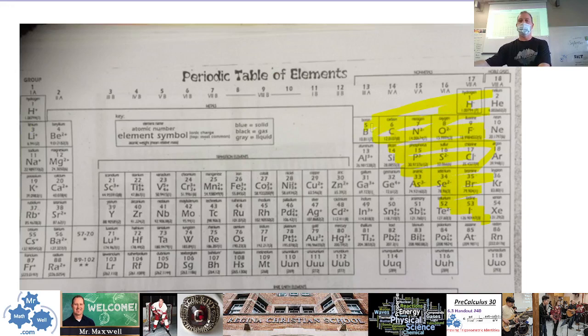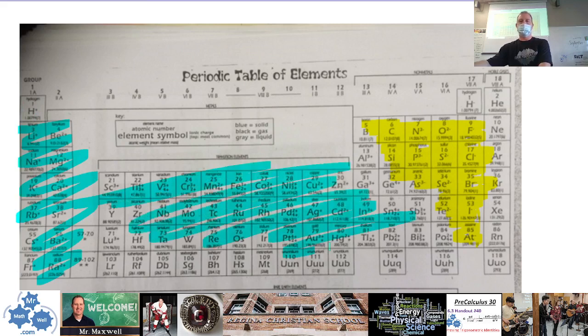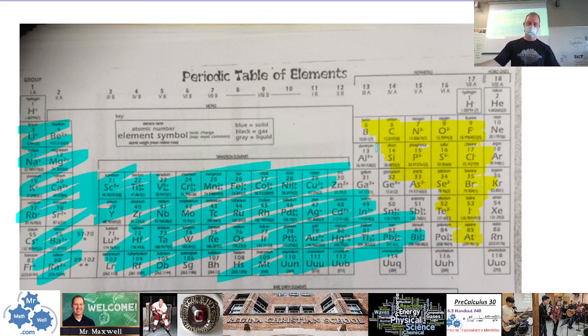Well, maybe I won't include the hydrogen there, but these are the non-metals, kind of here, on this corner. These are the noble gases we talked about yesterday. Noble gases, they don't really like to react with anybody, but the non-metals are kind of over here, okay? And then the metals would basically be all of these. There's lots of metals on the table right here. And some of these guys in the middle are like, they're not sure. They kind of act like both. It depends. Okay, metals, non-metals.